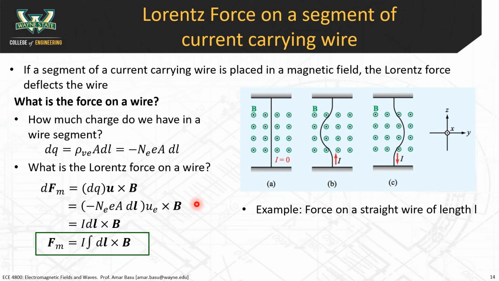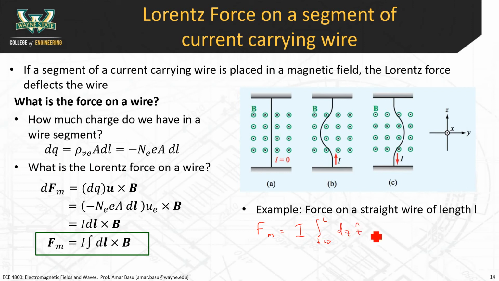Okay, and what we found is that, if we just jot this down really quickly from class last time, if we do this calculation on a straight segment of wire like this, which is the simplest case, the Fm is going to be equal to I times the integral of, in this case, z equals 0 to the length of the wire, and dl is dz times z hat.